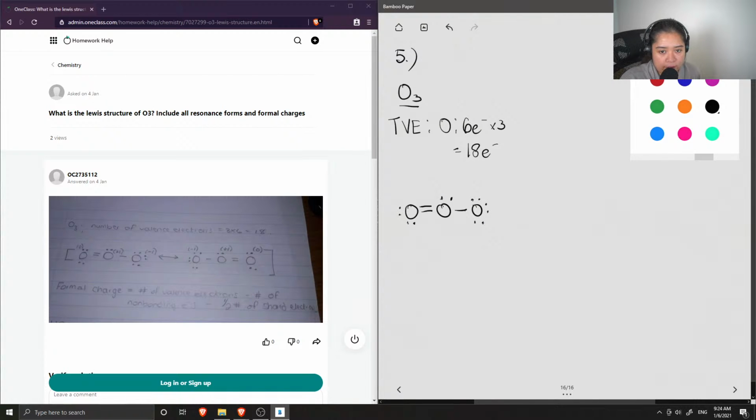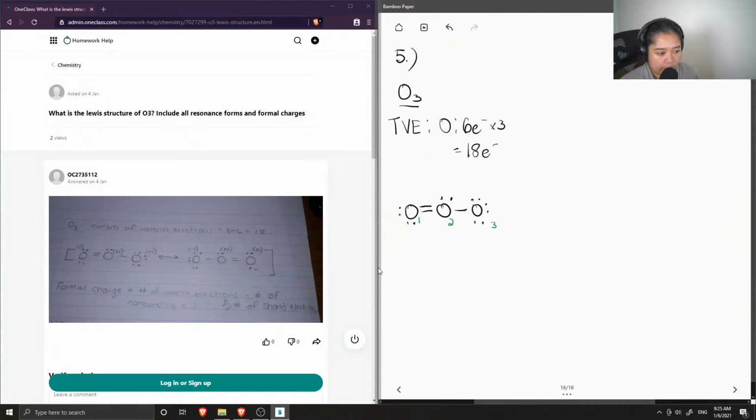And to calculate the formal charge, I'll first label the oxygens as oxygen 1, oxygen 2, and oxygen 3. So the equation for formal charge is equal to the number of valence electrons minus the number of non-bonding electrons.